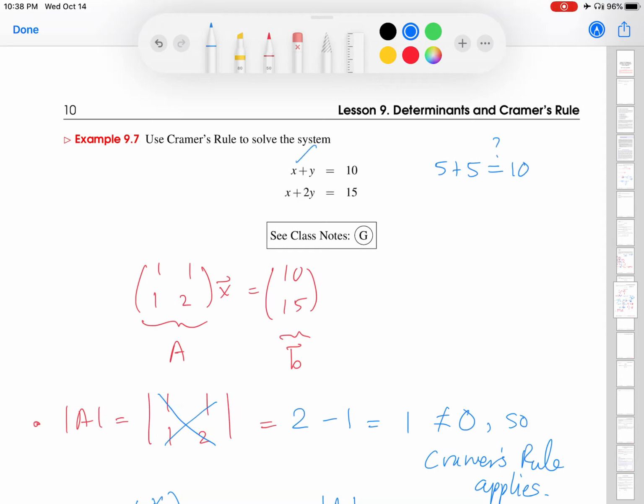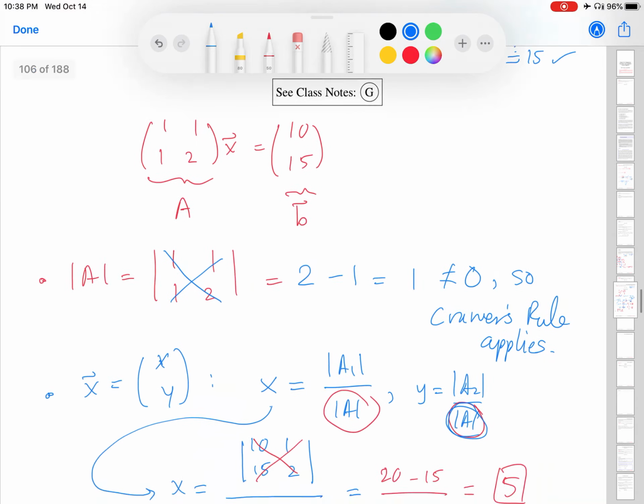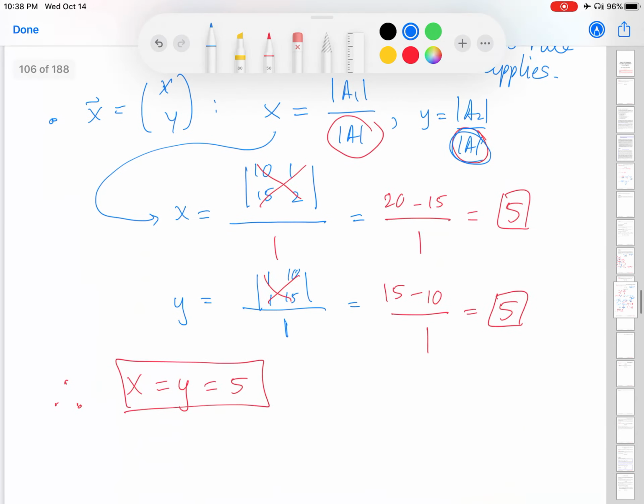And if I put in 5 for x and 5 for y here, I do indeed get 10. Satisfies the first equation. How about the second one? If I put in x equals 5, y equals 5, is that equal to 15? Then yes, that's also true. 10 plus 5 is 15. So we've satisfied both. So we have verified that x equals 5, y equals 5 solves the system.